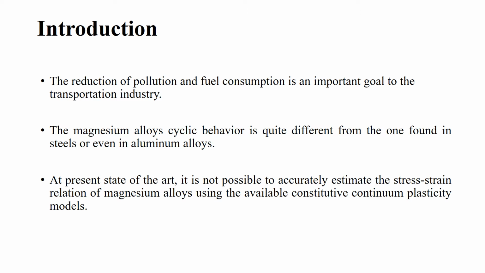The commercial finite element software packages do not have intrinsic cyclic plasticity models to model such type of materials. For ductile materials, they assume that yield stress in tension and compression are equal in absolute value for the same strain amplitude, which is true for steels but not for magnesium alloys.